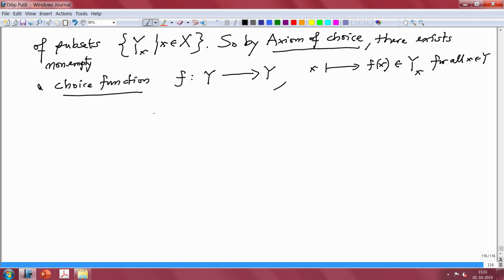Such a function is called a choice function. This is precisely one of the axioms of set theory, called the axiom of choice. So what does it mean that it belongs to Y_x? By our definition of Y_x, that is equivalent to f(x) being bigger than x. So f(x) is bigger than x, by the definition of Y_x, for all x in Y.